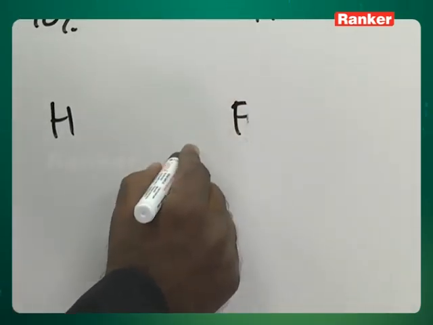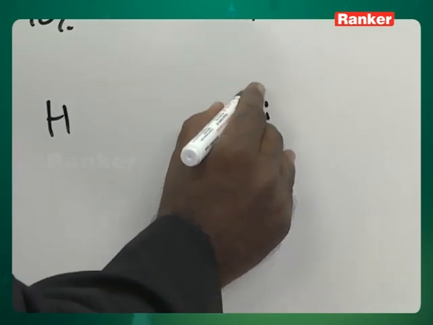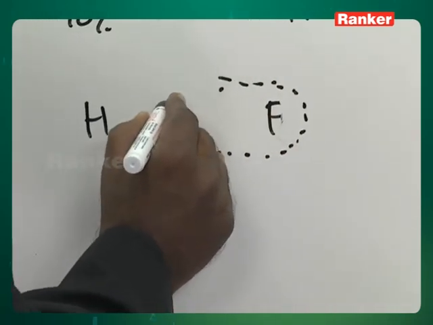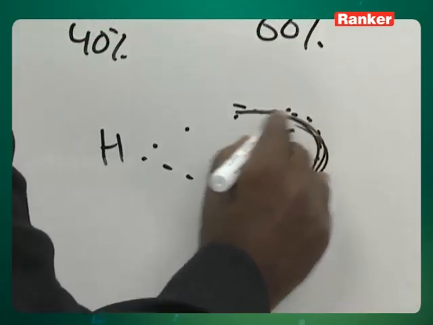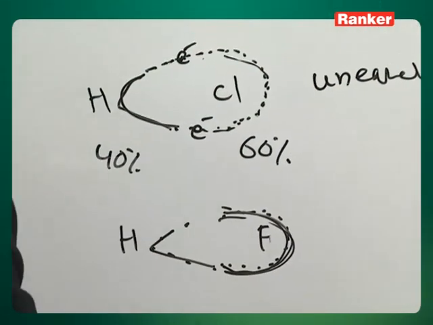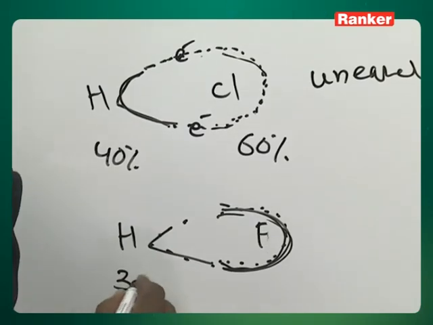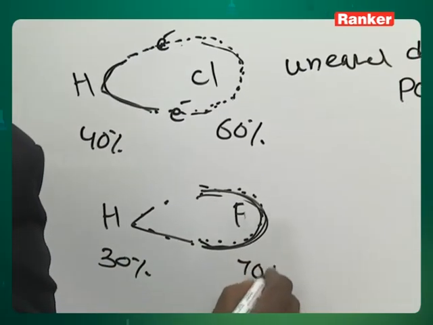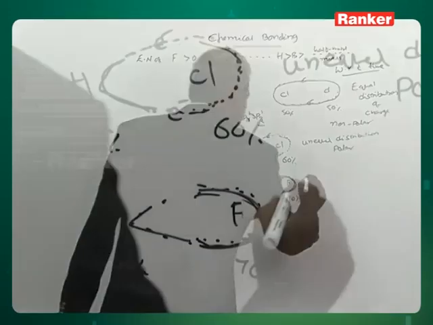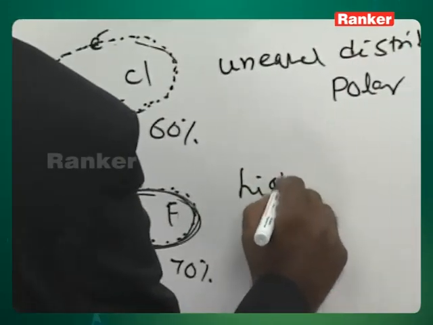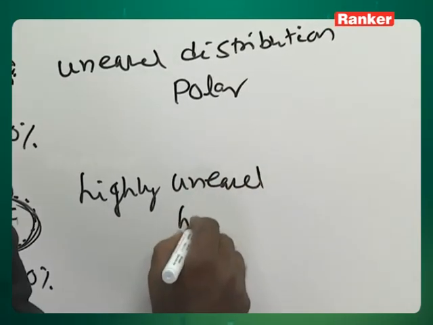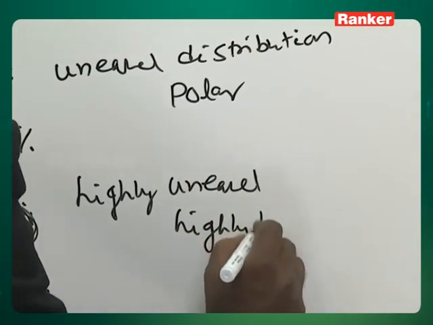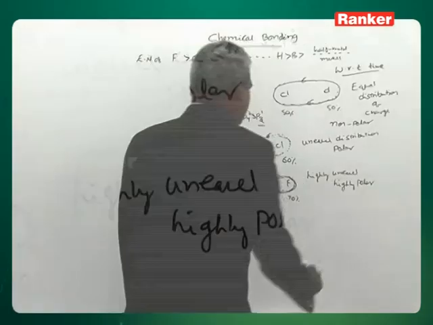The electrons are spending a lot of time here and very little time around hydrogen. So, you can say it is 30%, 70%. This is highly unequal distribution of charge. Highly unequal, this is a highly polar covalent bond.